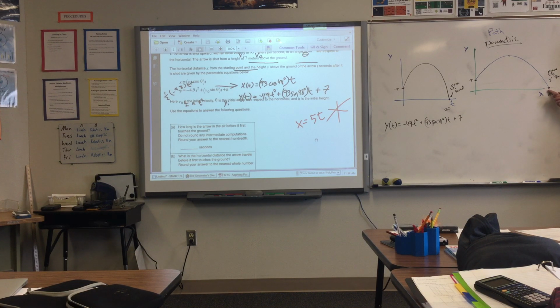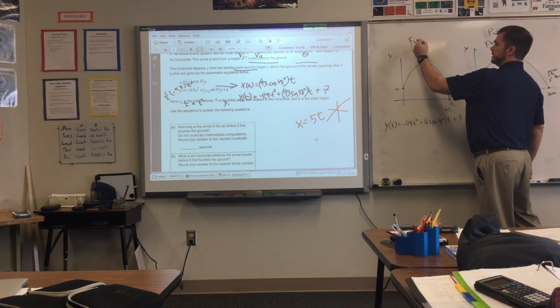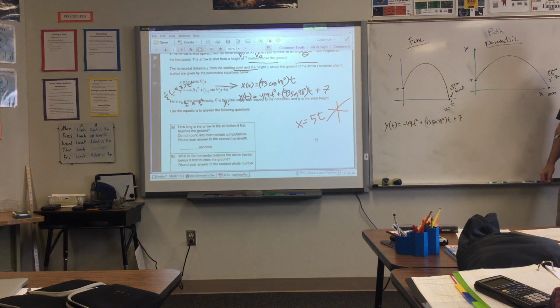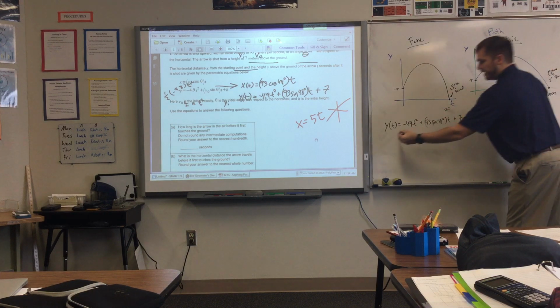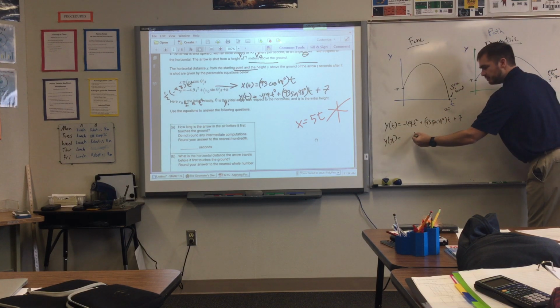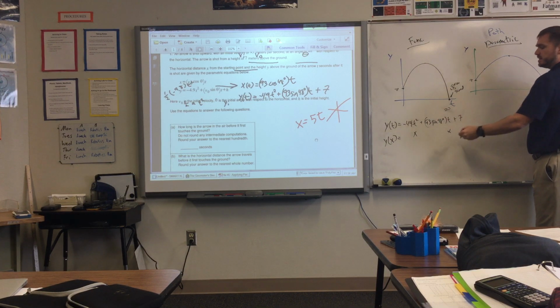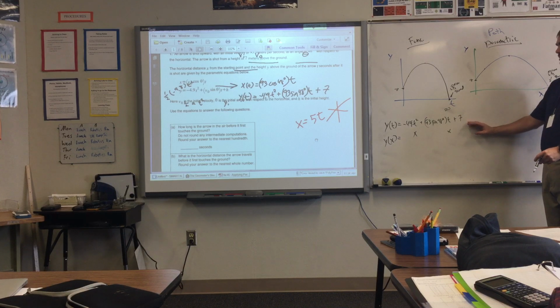Not in the calculator, not in Desmos. With parametric, if you're in parametric mode, you cannot find that point. However, if you are in function mode on your calculator, and you have y as a function of x, and you just replace this t with an x, so negative 49x squared plus 93 sine 48 x plus 7, okay?